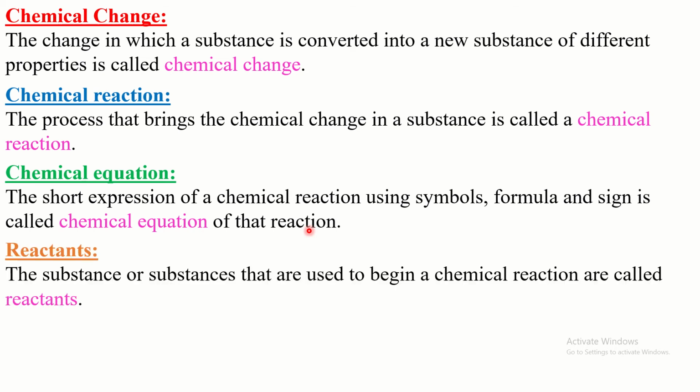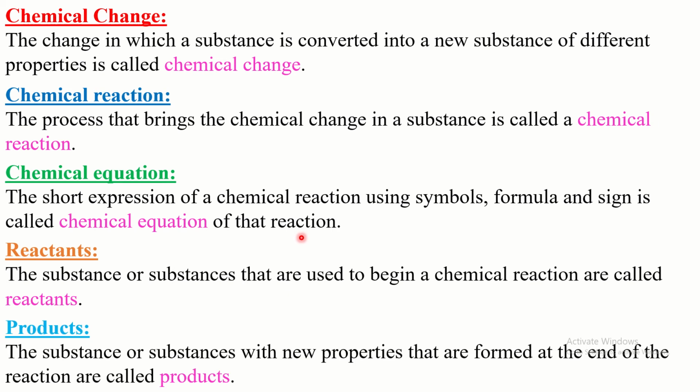So, what are reactants? The substance or substances that are used to begin a chemical reaction are called reactants. Reactants start the chemical reaction, and these are placed at the left side of the chemical equation.